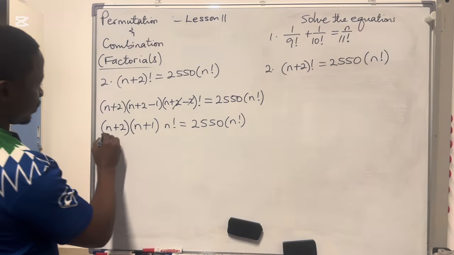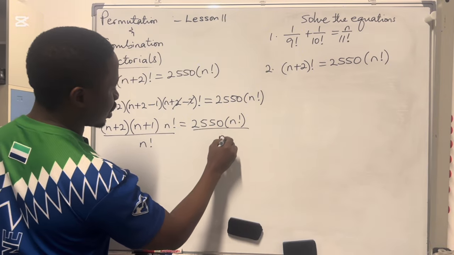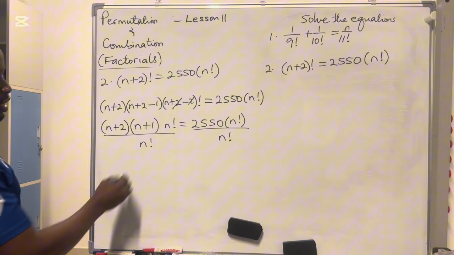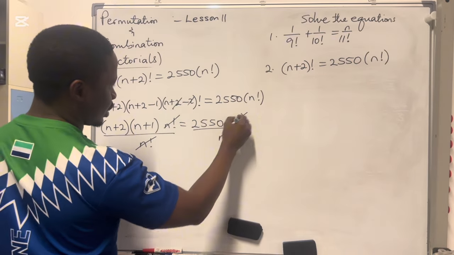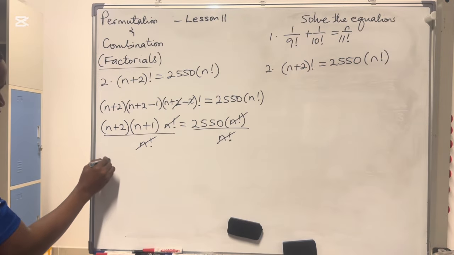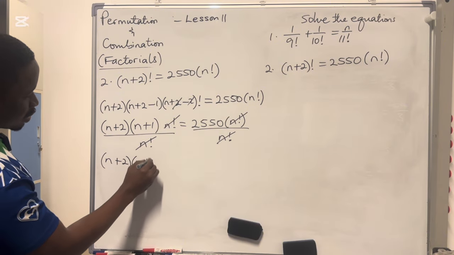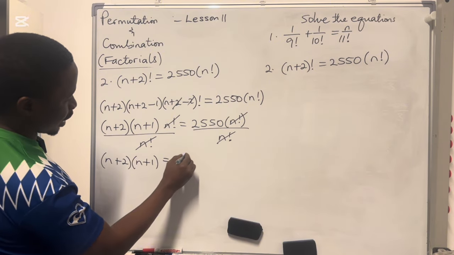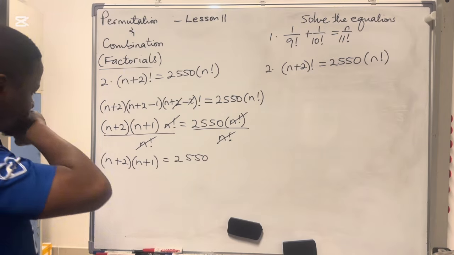Yeah. So we divide both sides by n factorial because it is common. n factorial takes away n factorial. So we have n plus 2 times n plus 1, which is 2550. I hope it is clear.